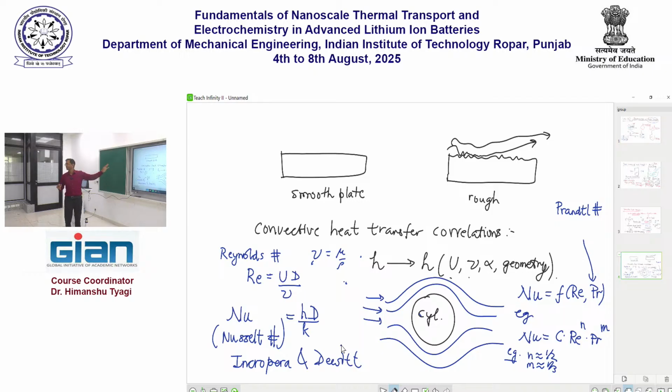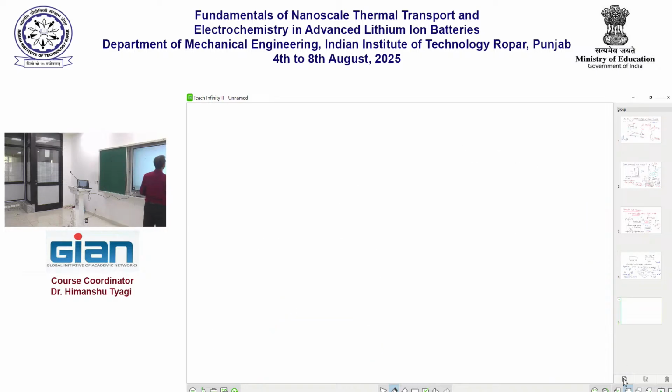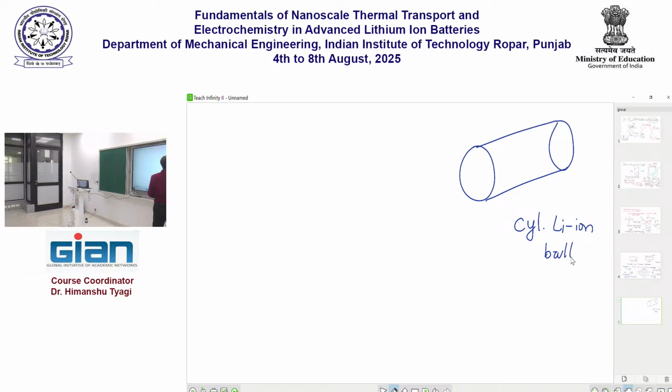So I just want to connect what we are talking about with lithium-ion batteries. If I have a cylindrical lithium-ion battery, which is indeed the case for most electric cars and electric scooters, the battery pack has a bunch of these cylindrical lithium-ion batteries.